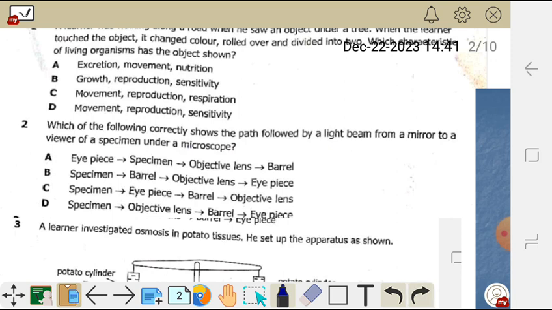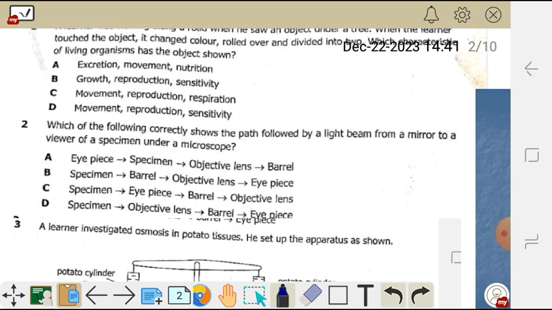A. Eyepiece, specimen, objective lens, barrel. Then B. Specimen, barrel, objective lens, eyepiece. C. Specimen, eyepiece, barrel, objective lens. Then D, we have specimen, objective lens, barrel, and then eyepiece.